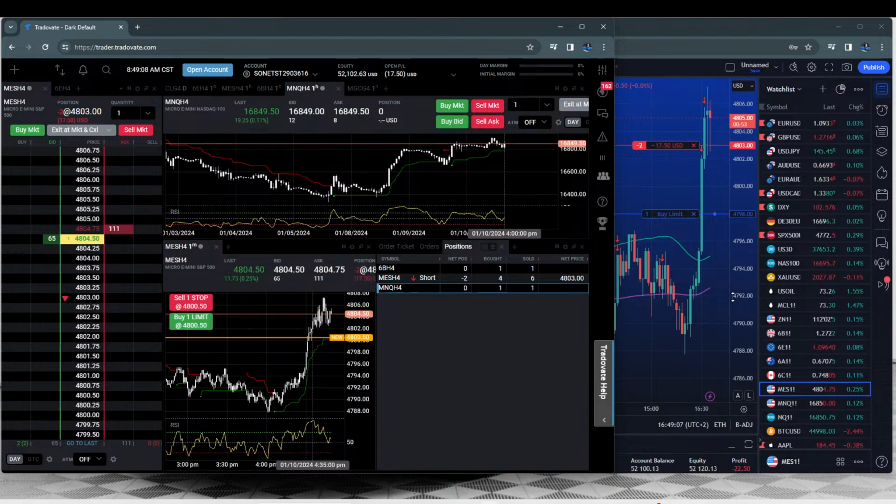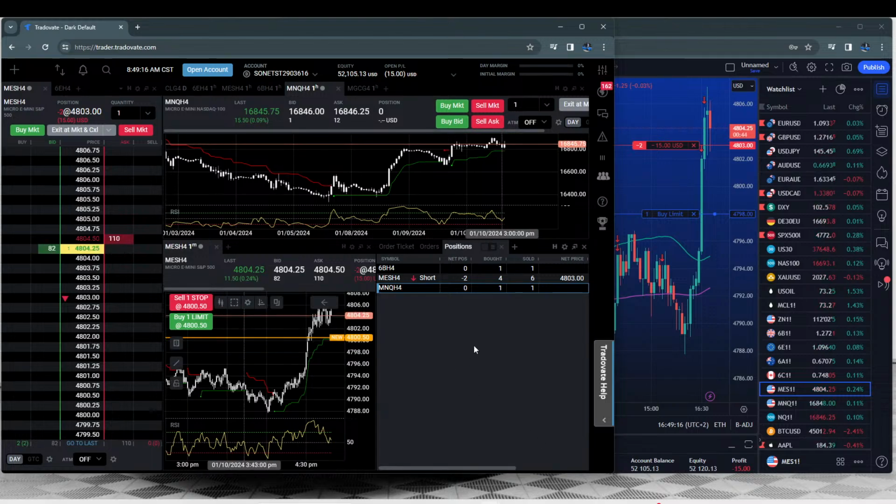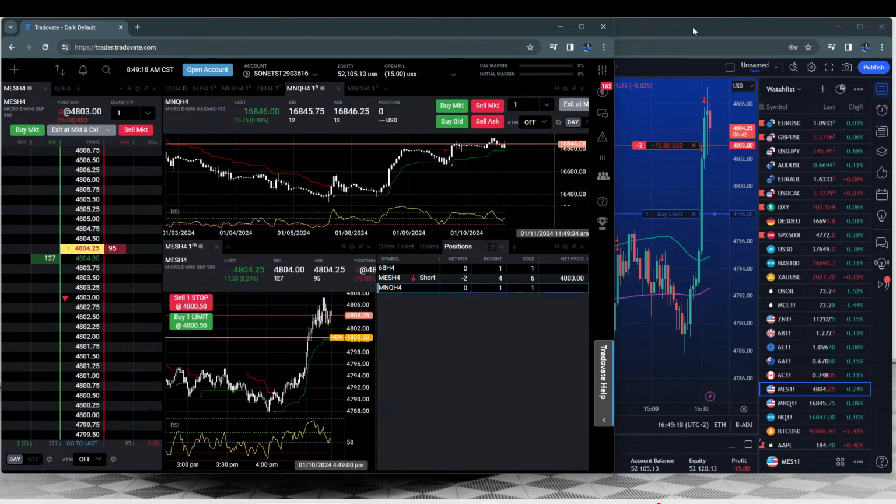Trading is a difficult game, especially the intraday. That's what we are doing right now. Because if you trade the 5 minute and 1 minute chart, it's mostly pure noise. But it's okay for grabbing a few points.